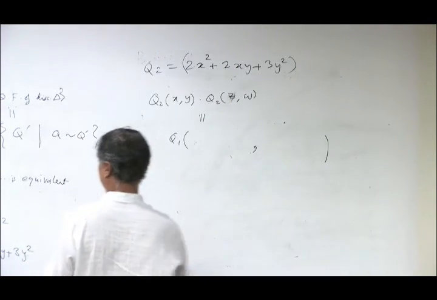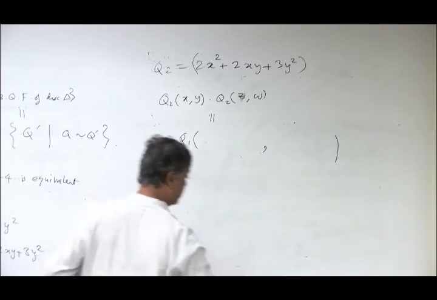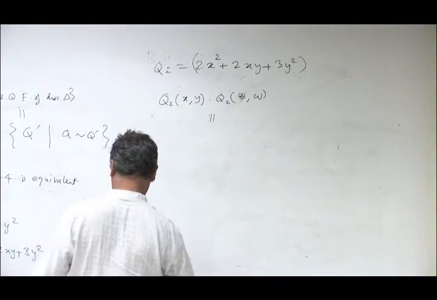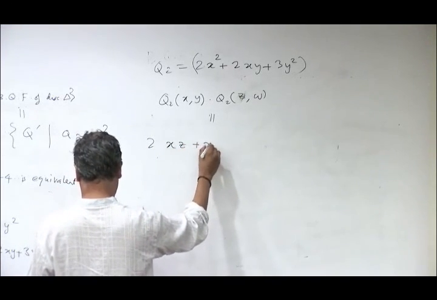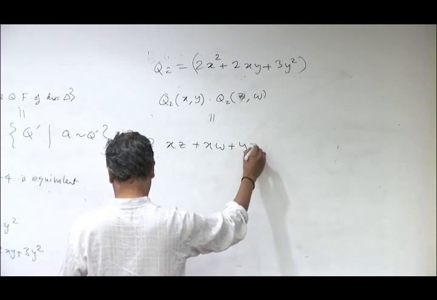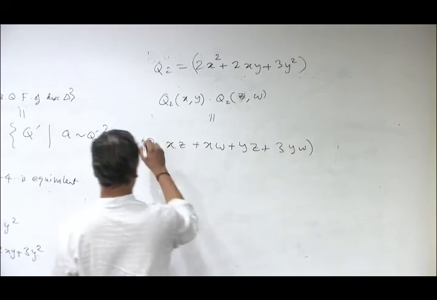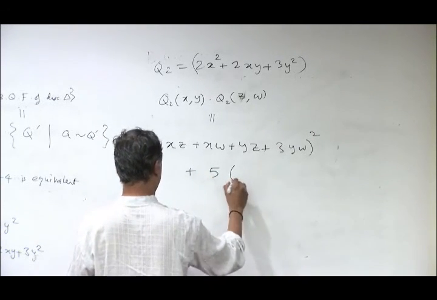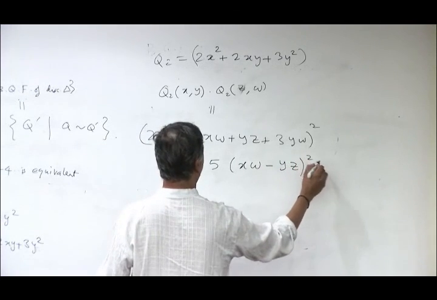So let's say what is Q1. Q1 is this, and the identity is (2xz + xw + yz + 3yw)² + 5(xw − yz)².